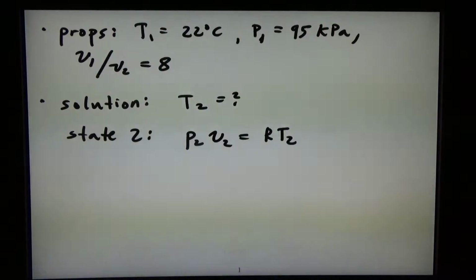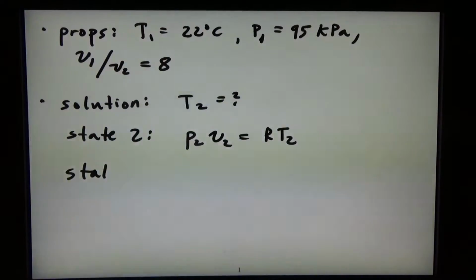We don't know anything at state 2. We don't know pressure. We don't know temperature. We don't know specific volume. We only know that specific volume 2 has a ratio to V1 that is given.